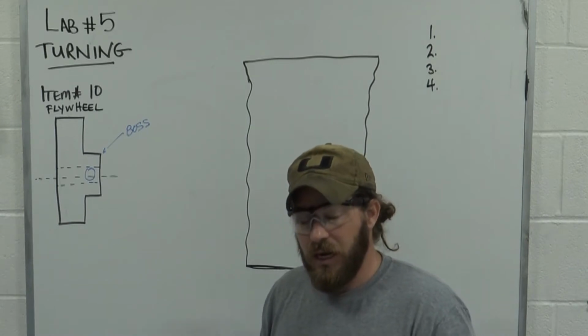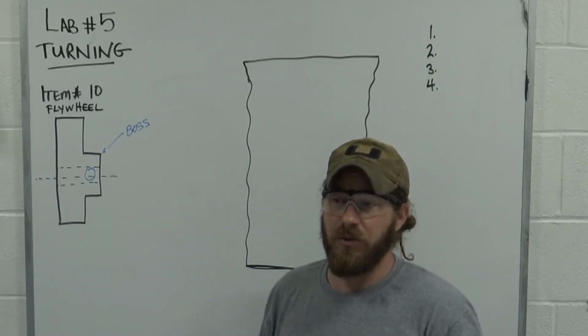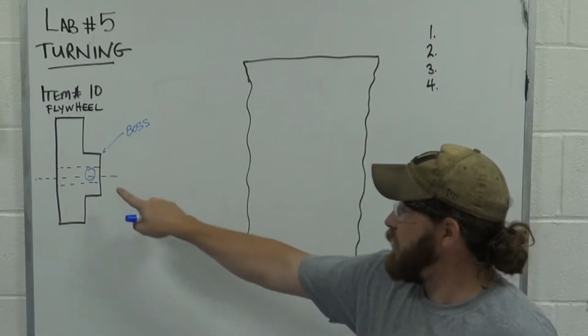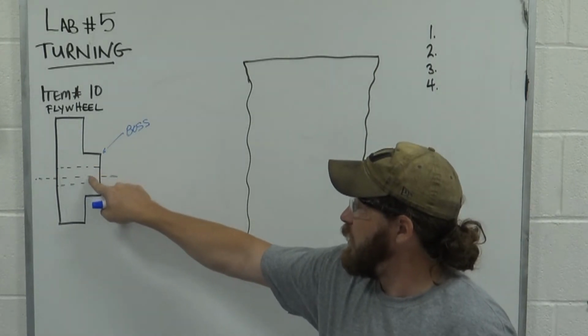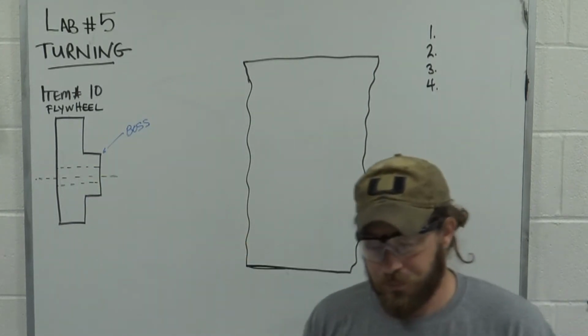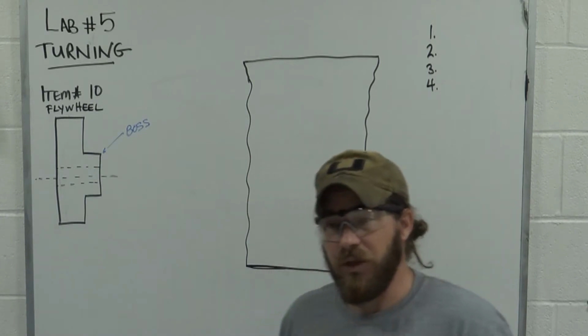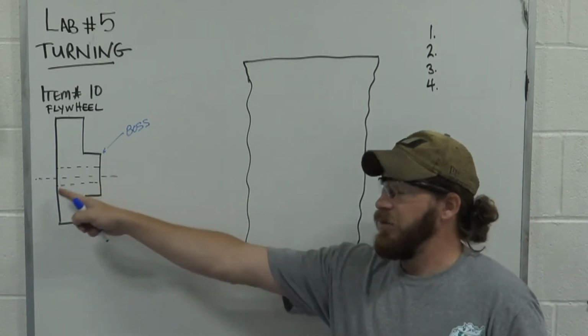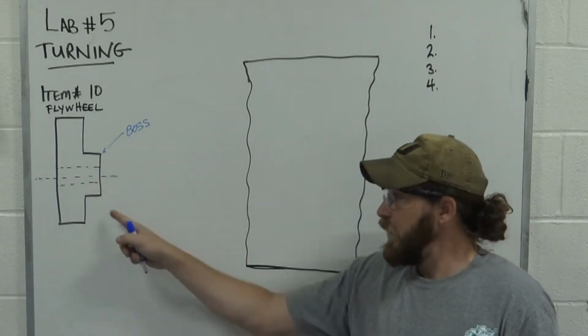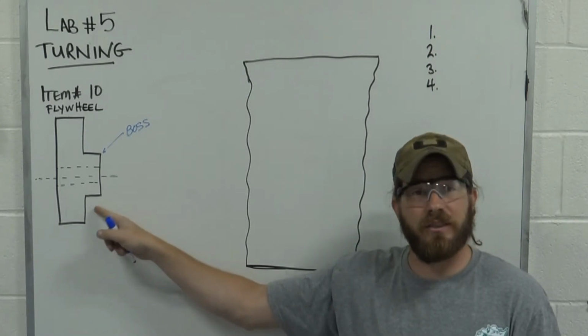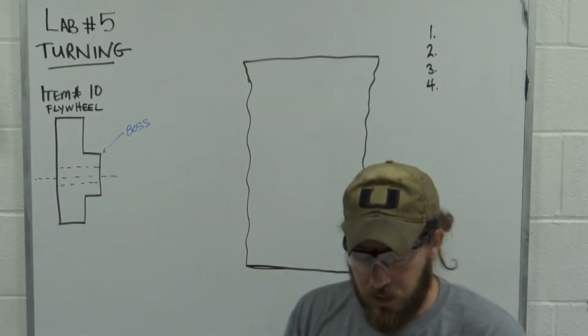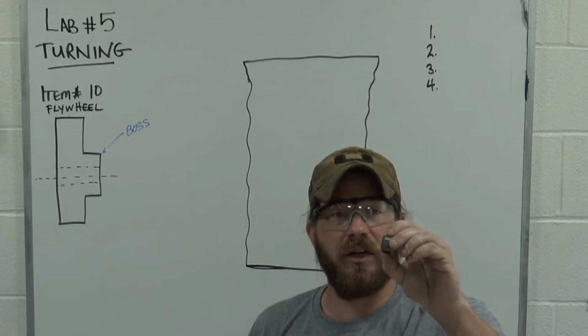That will be a later thing that we do at the mill. The only things we're going to worry about are this through hole and turning this boss on our flywheel.